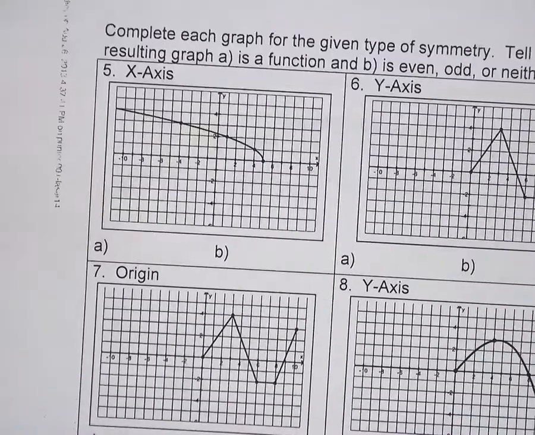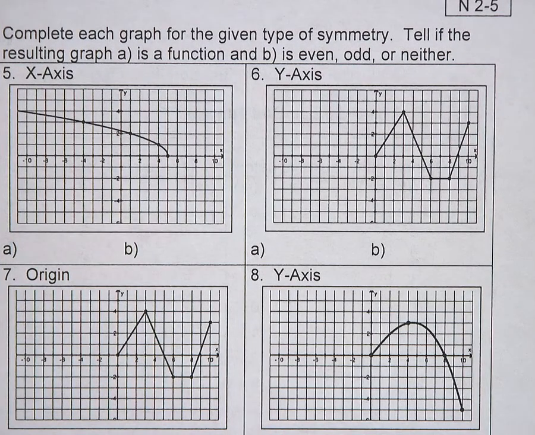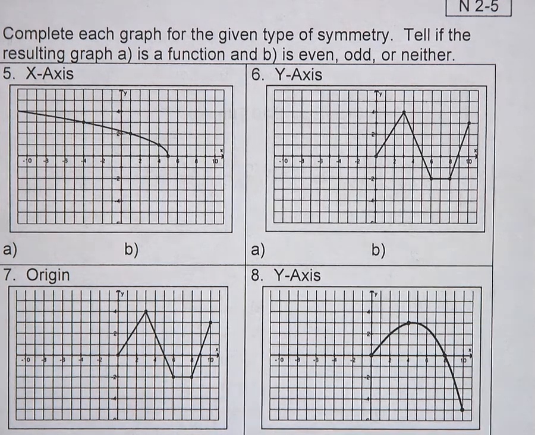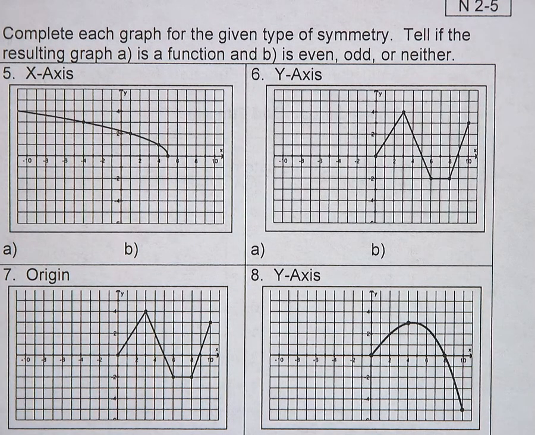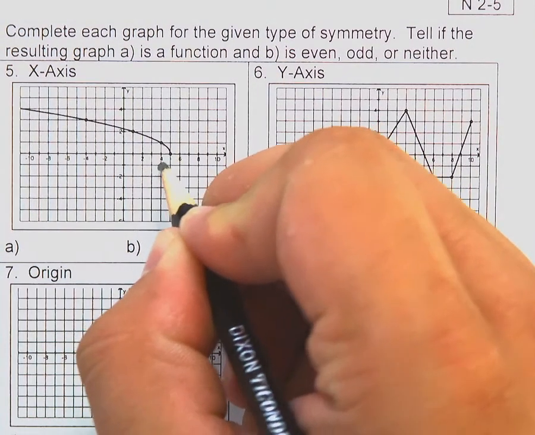Alright, let's go to the back. One more, just a few more things here. There we go. It says complete each graph for the given type of symmetry. Tell whether the resulting graph is a function and if it's even, odd, or neither. Alright, so an x-axis symmetry. X-axis symmetry means these points are reflected across the x-axis.